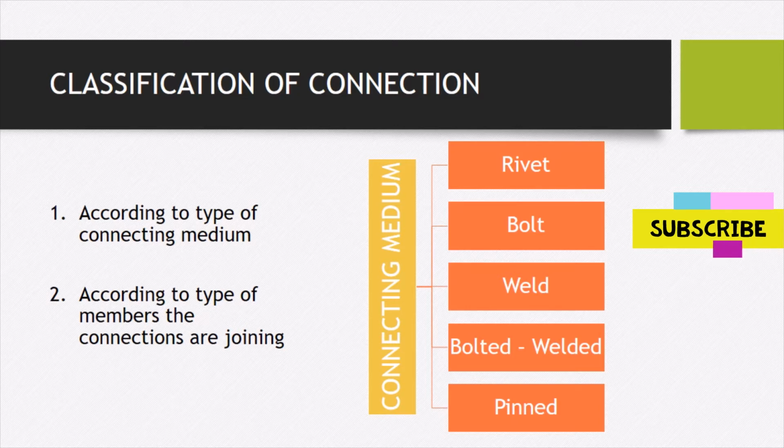This is nothing but connecting the members by using some medium, either welding, bolted or riveted. You have previously discussed these things in DSS, so you have studied them. The same thing is going to be done here, so you are going to learn some basics about that. So we will discuss.